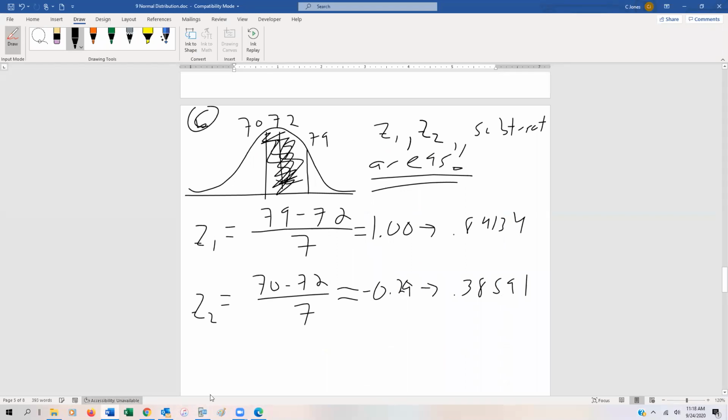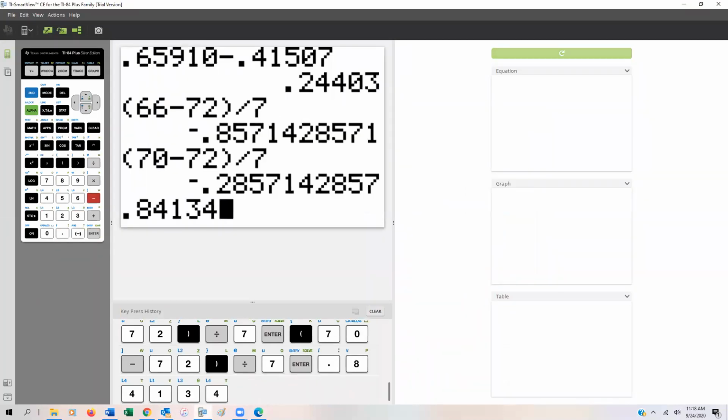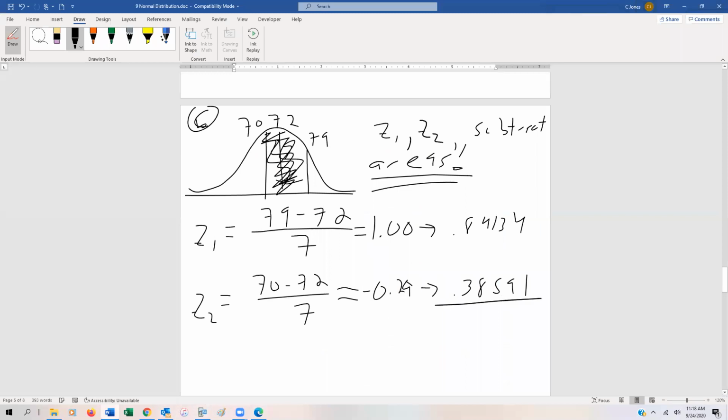And then remember, the last thing we do is we subtract. So that's going to be 0.84134 minus 0.38591, and that's going to give us 0.45543.